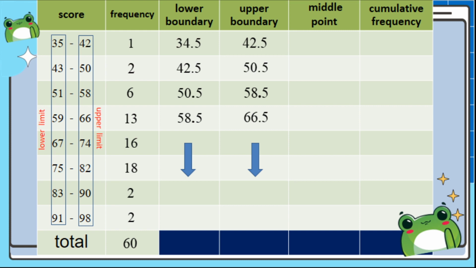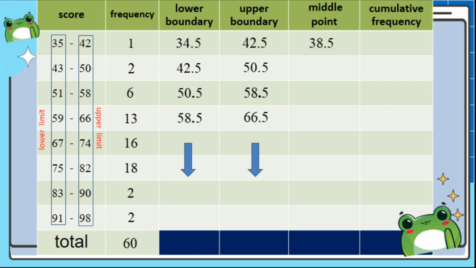And next, the midpoint. The midpoint is the score computed from the average of the lower limit and the upper limit. So for the first row, students find the midpoint from the average of 35 and 42. Find the sum of these two scores and divide by 2. So 35 plus 42 divided by 2 equals 38.5.